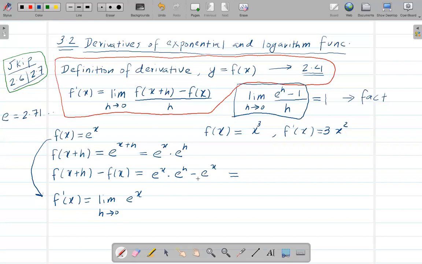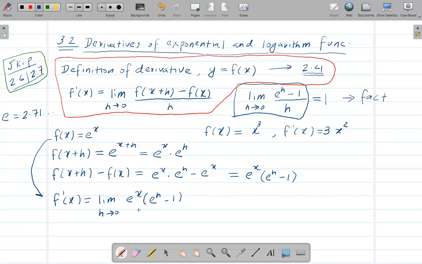On these two, I can factor out e to the power x. If I factor out e to the power x, the remaining terms are e to the power h minus 1, right? So f of x plus h minus f of x is e to the power x times e to the power h minus 1.